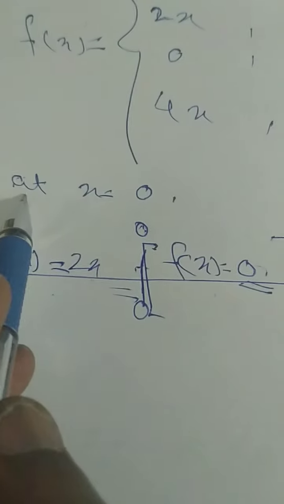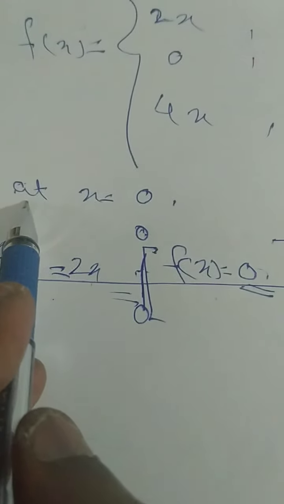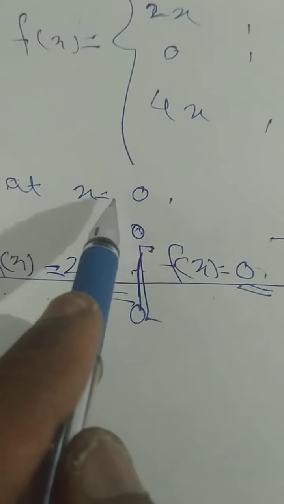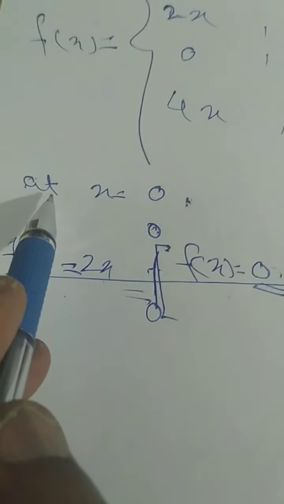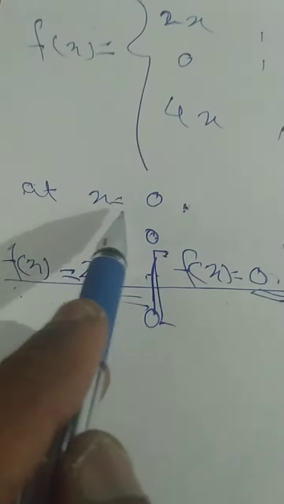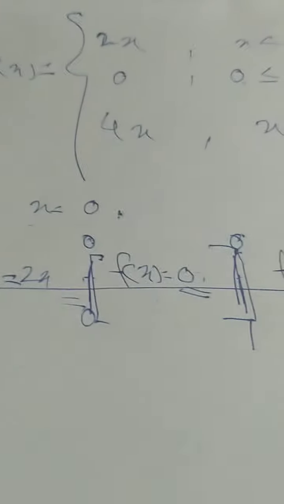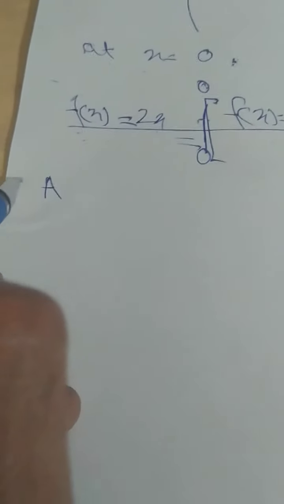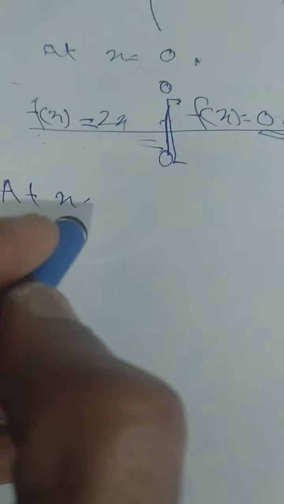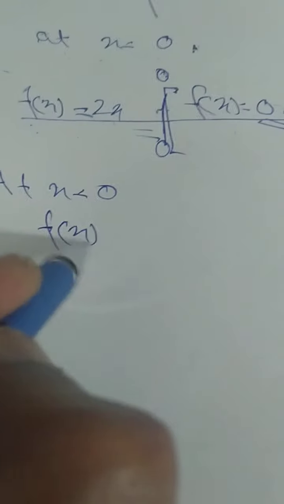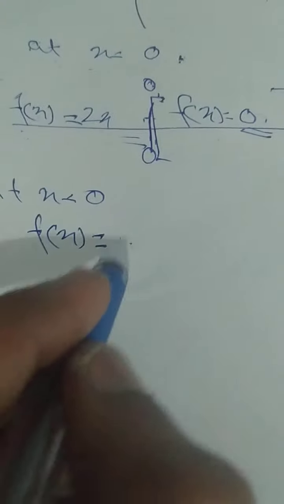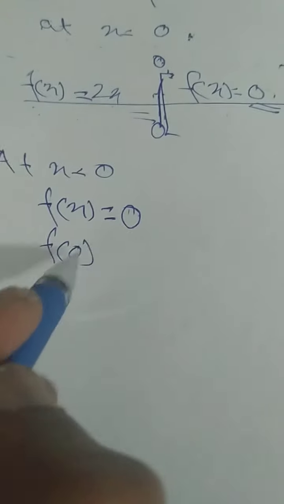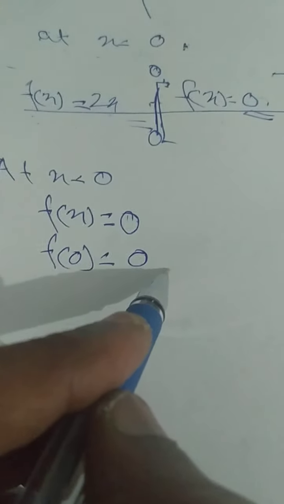They have told you to discuss the continuity of the function at x is equal to 0. Now here, first, at x is equal to 0, how is the function defined? At x is equal to 0, the function is defined by 0, so f of 0 is equal to 0.